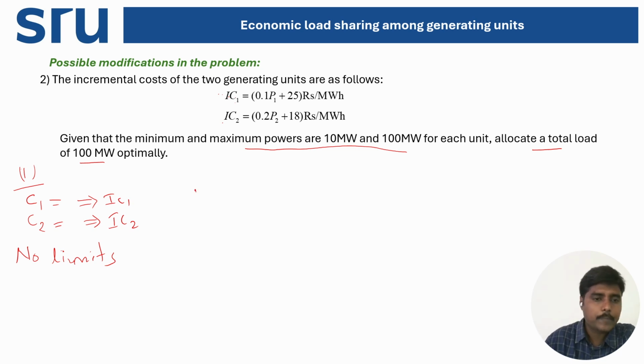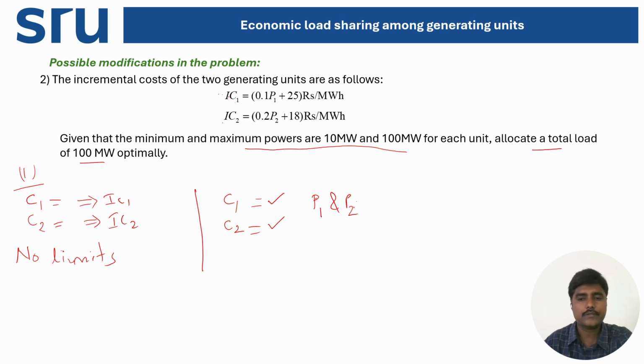Sometimes the problem can be given such that you have to find the costs C1 and C2. So once you get the optimum values of P1 and P2, if you substitute those values in the equations of fuel cost, then obviously you can find the C1 and C2 values.